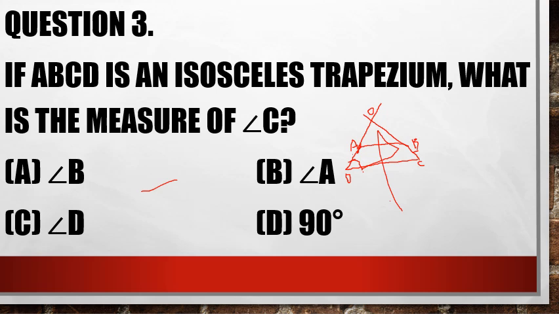This angle is opposite side OC, and this angle is opposite side OD. So these two angles will be equal. The question asks the measure of angle C is equal to the measure of angle D. So the correct option is option C, angle D is equal to angle C.